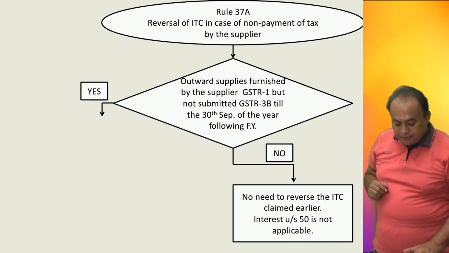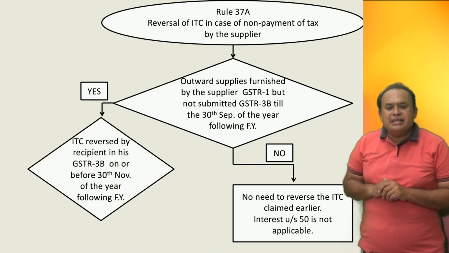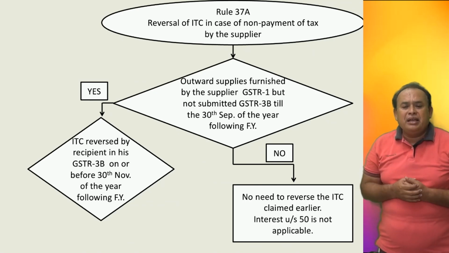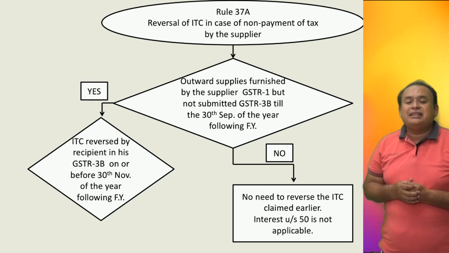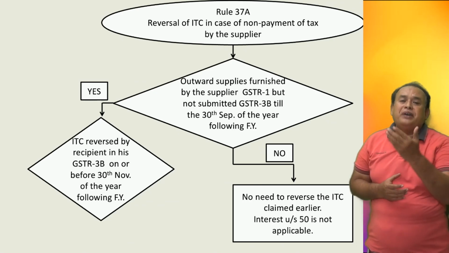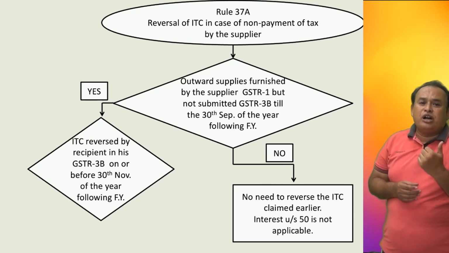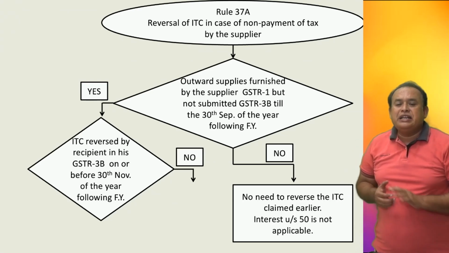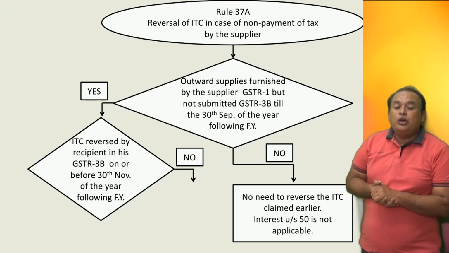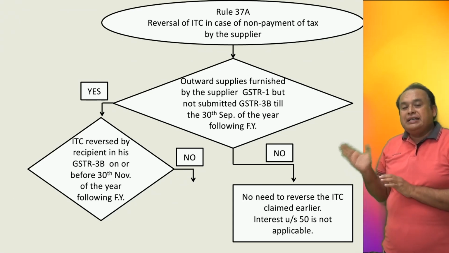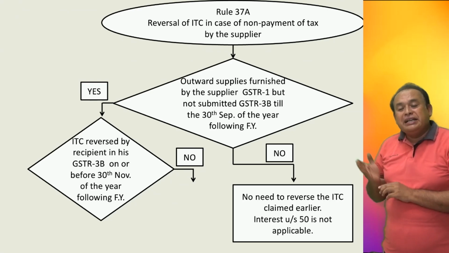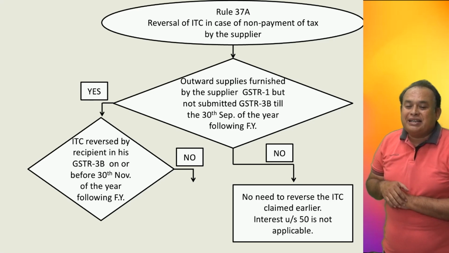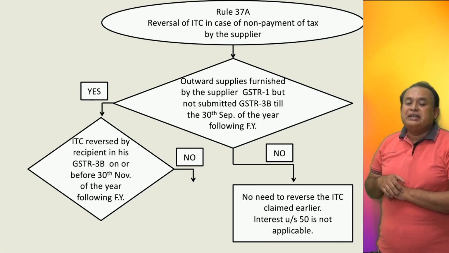Here, ITC reversed by the recipient in his GST 3B on or before 30th November of the year following the financial year. For the given decision making also, there are two possibilities, yes or no. Suppose it is no. No means the ITC is not reversed by the recipient in his GST 3B on or before 30th November.